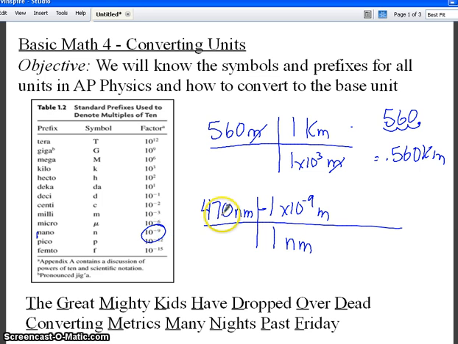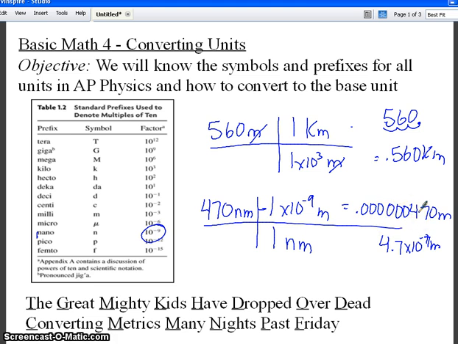So 470 times 1 times 10 to the negative 9th, that's going to give us a very small number. Because it's a negative 9 and it's multiplied, it's going to be 9 to the left. So it's going to be 0.00000470 meters. Or, in other words, 4.7 times 10 to the negative 7 meters. Because it's 1, 2, 3, 4, 5, 6, 7.